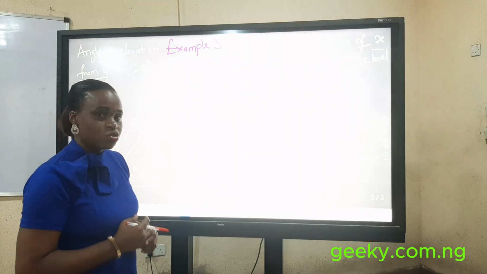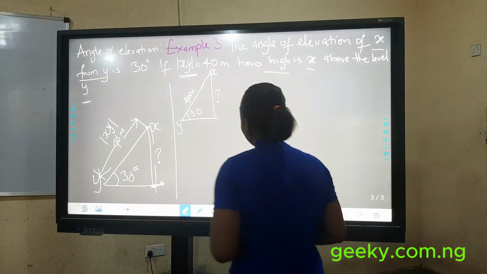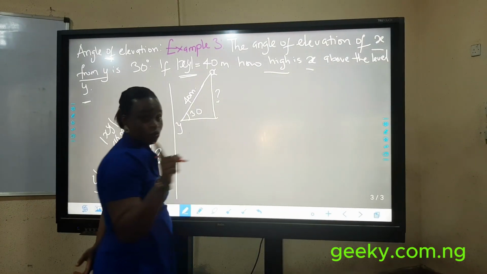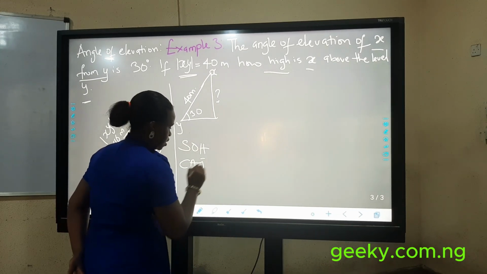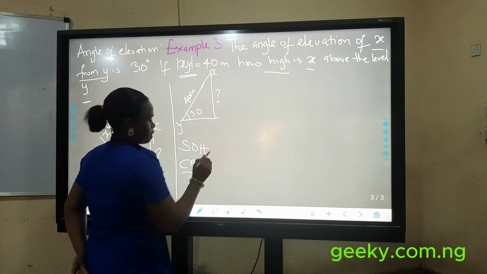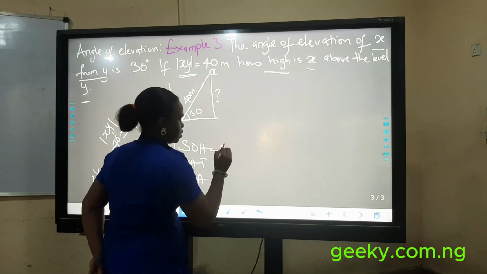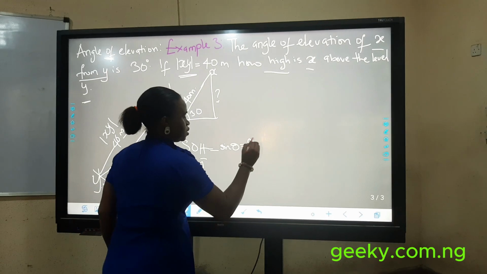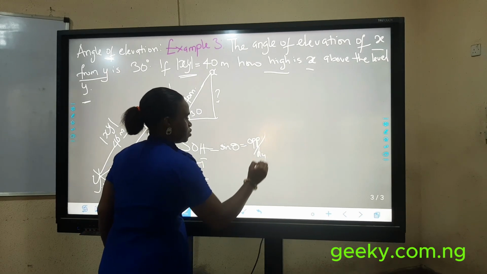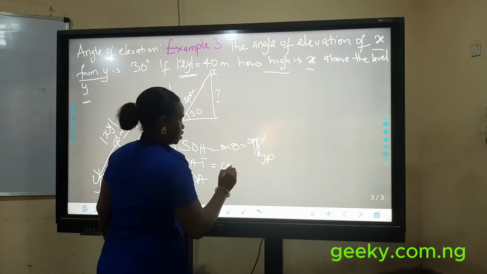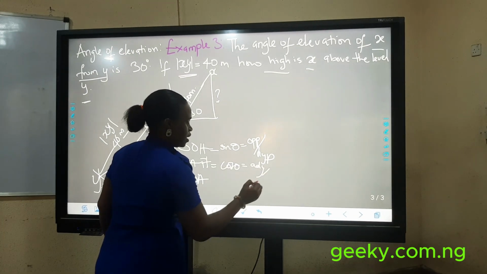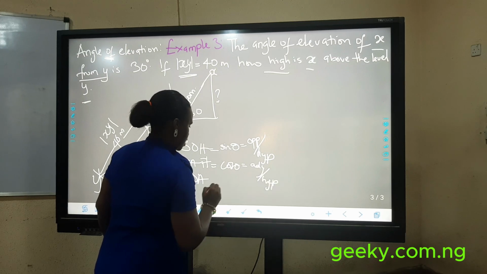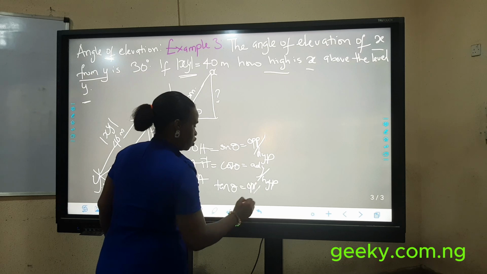What trigonometric ratio is going to help us solve? Again, we have to go back to our SOH CAH TOA. We have sine theta equals opposite over hypotenuse, cos theta equals adjacent over hypotenuse, and tan theta equals opposite over adjacent.